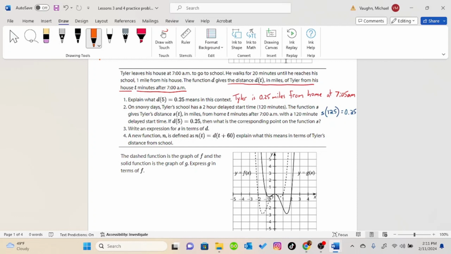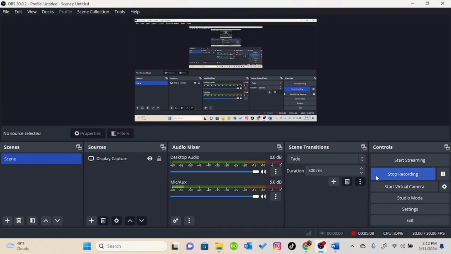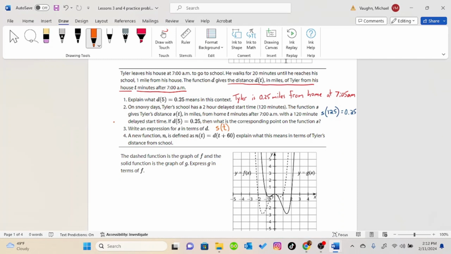So if I'm writing an expression for s, then s of t equals d of t minus 120, because I would need to take this 125 and subtract 120 to get the original d of 5.